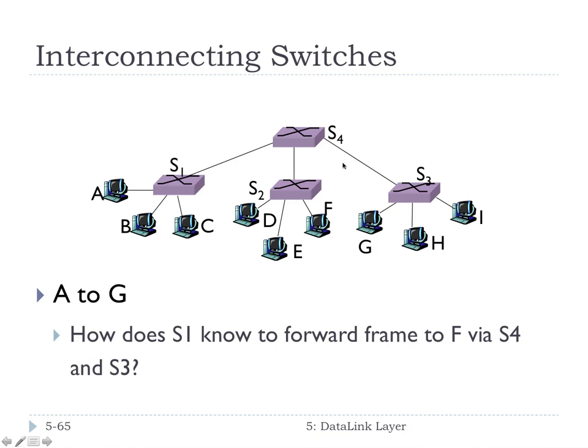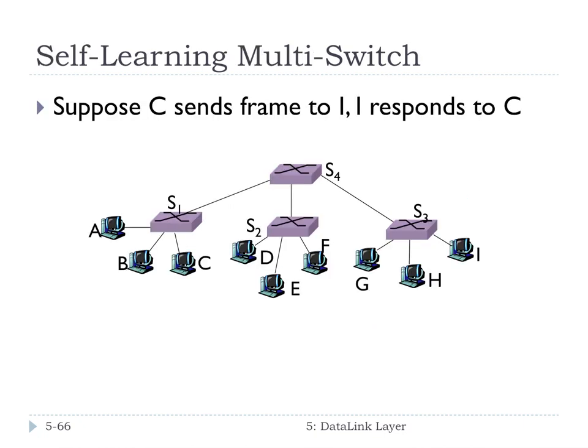So if it doesn't know it, then it'll broadcast it, right? And then everybody will get it. And eventually the right person will get the broadcast packet. And when they respond, then everybody else will learn the reverse mapping.